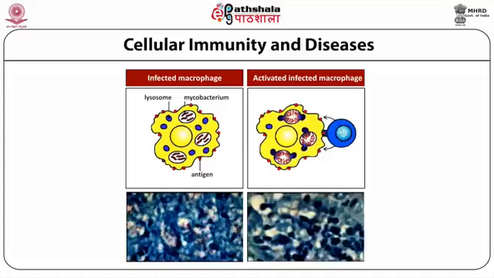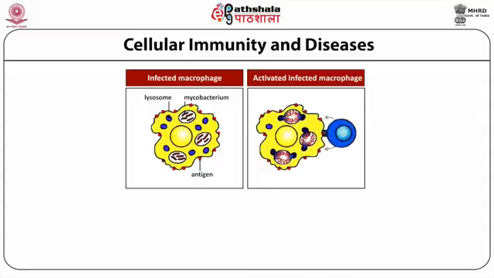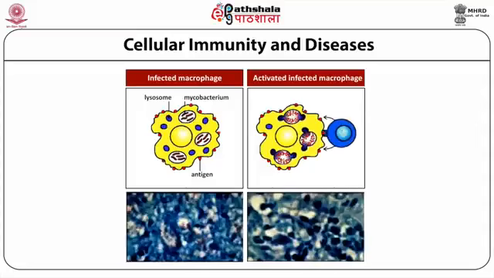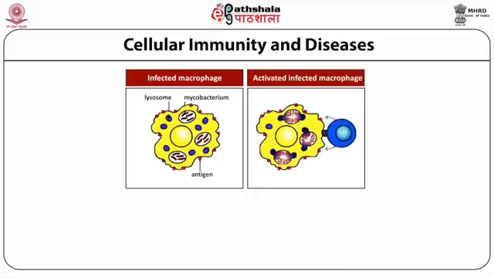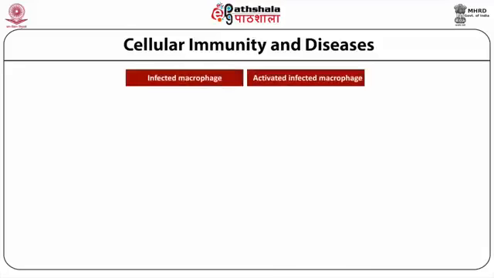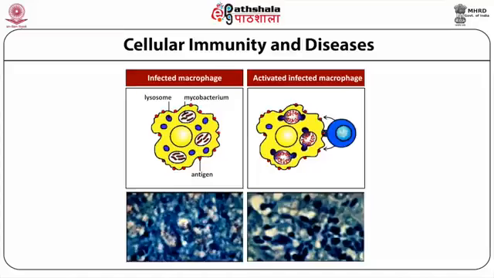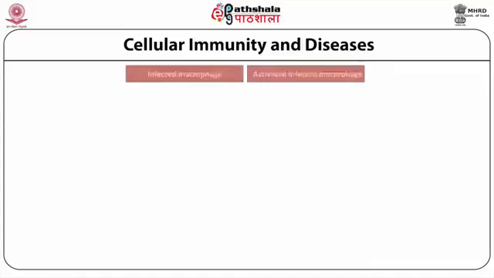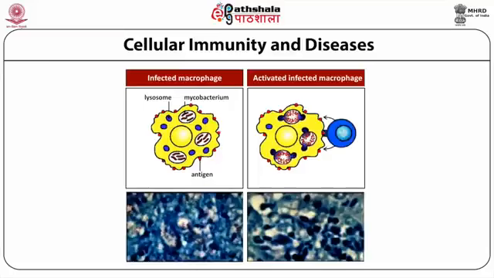Th1 cells make this fusion possible and activate macrophages to cause phagocytosis. A Th1 cell recognizes the infected macrophage, releases cytokines which facilitate the fusion and bactericidal activity of the macrophage. In absence of Th1 activity, these bacteria go on multiplying inside the vesicles.